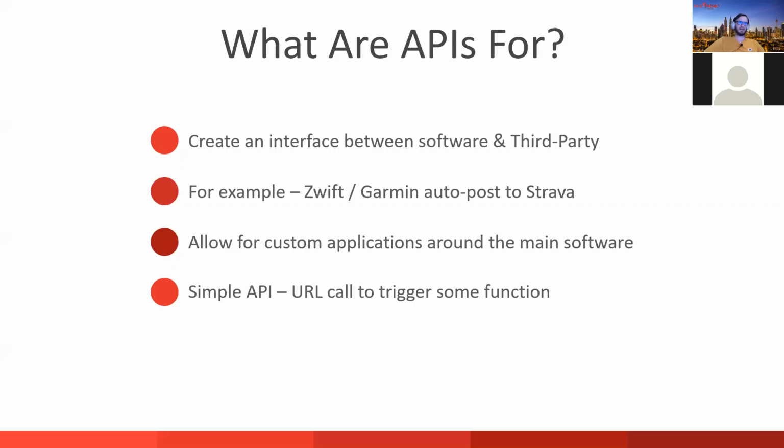So essentially they allow for custom applications around the main software package for whatever you might want to use them for. A simple API within Races.12 is essentially a URL which will trigger a function of some sort, whether that's loading an output list, changing a parameter, etc.